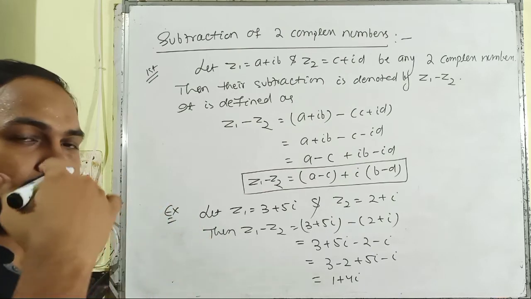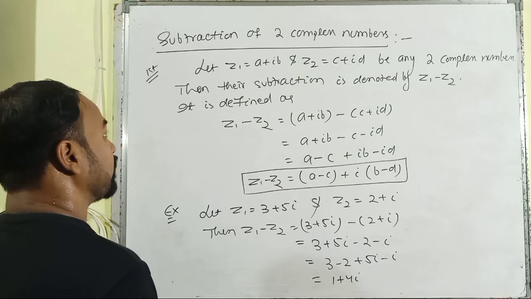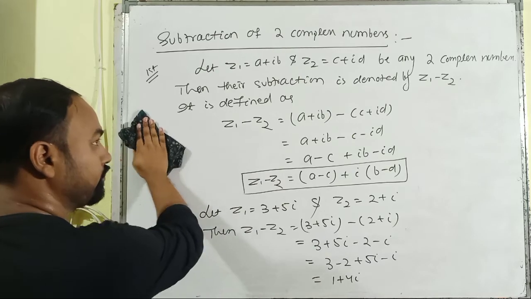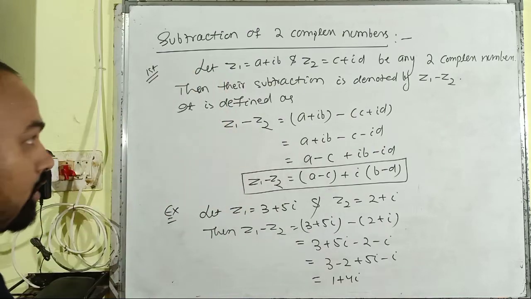Then moving towards the second method that can be used for the subtraction of two complex numbers. It is the first method, and the example is based upon the first method.